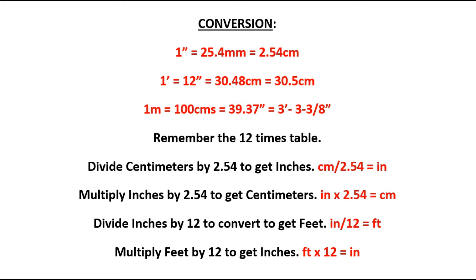That means if you have a measurement in centimeters and you want to convert it into inches, you divide it by 2.54 and you will get it in inches. Another very, very important conversion is 1 meter is 3.28 feet in decimal this time. You have to remember this.